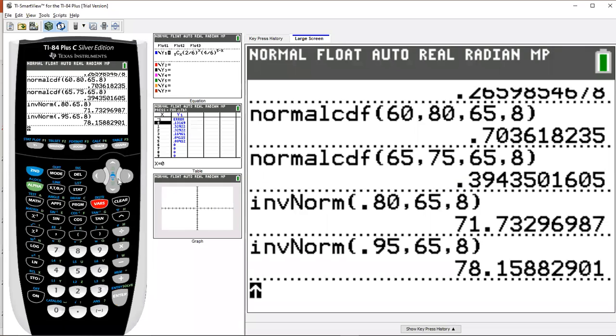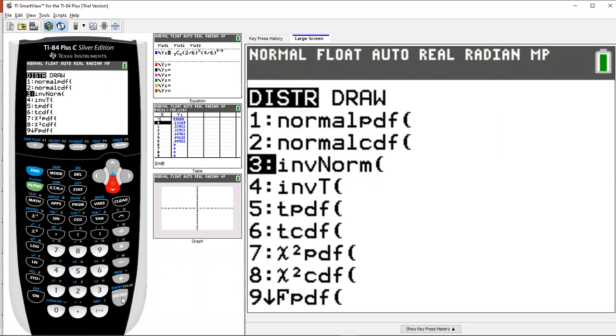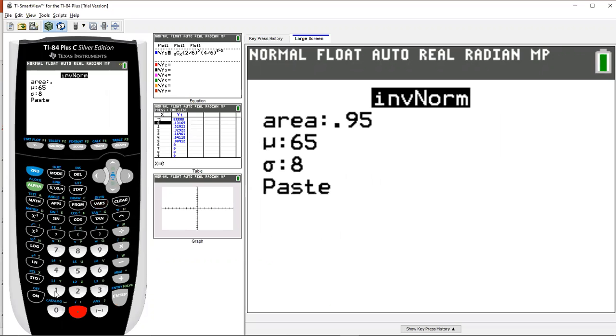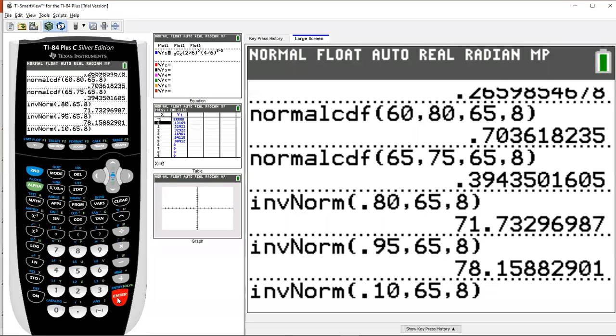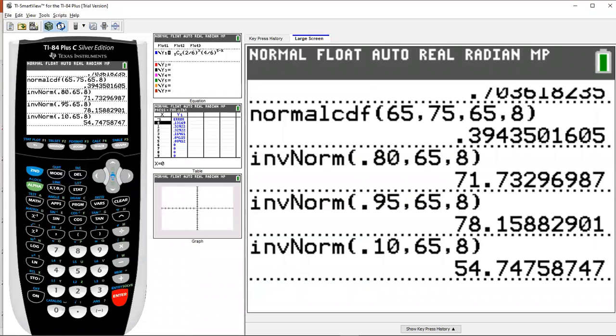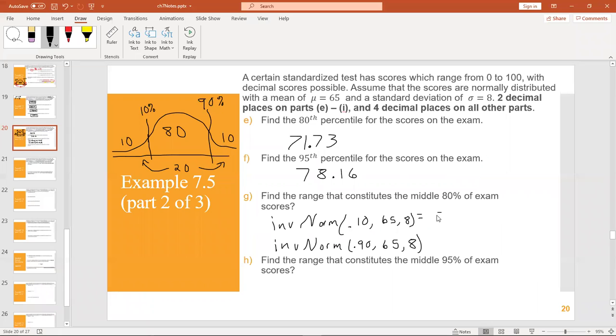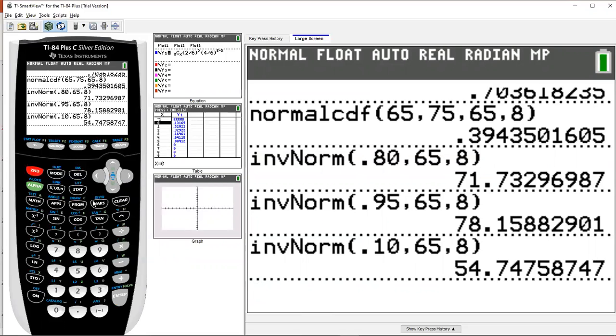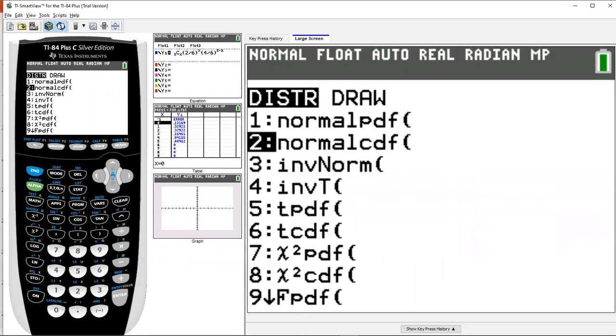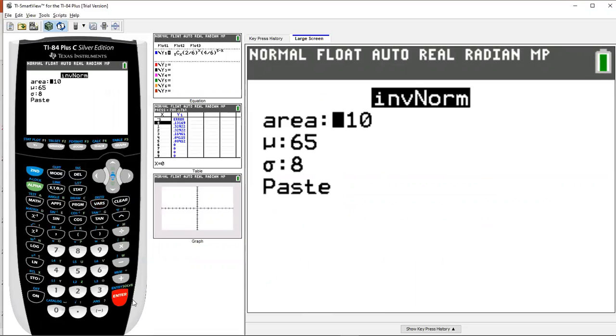So we're going to do second vars, pick inverse normal. Do this once for 0.10. That is 54.75. And then we do that again, second vars, pick inverse normal.